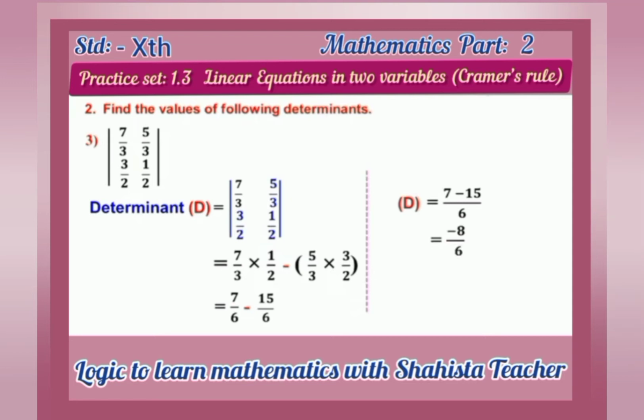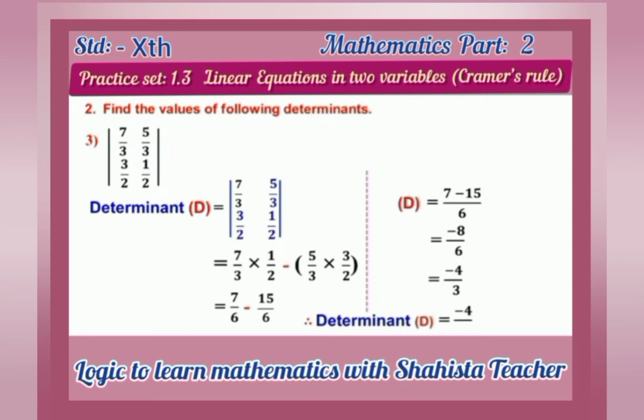Divide both numerator and denominator by 2. 2 3s are 6 and 2 4s are 8. So minus 4 is the numerator and 3 is the denominator. Therefore determinant D is equal to minus 4 upon 3.